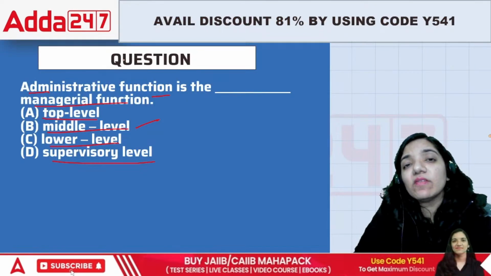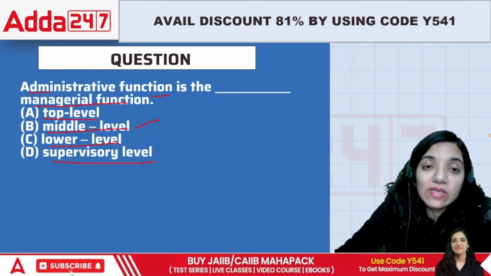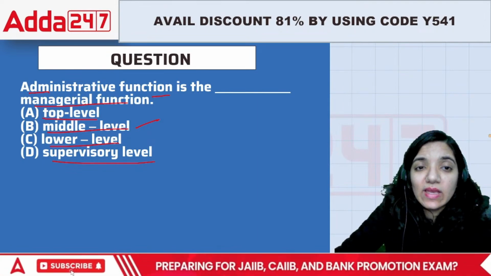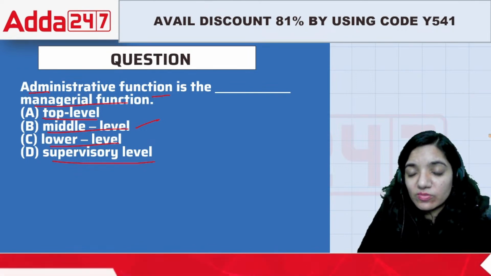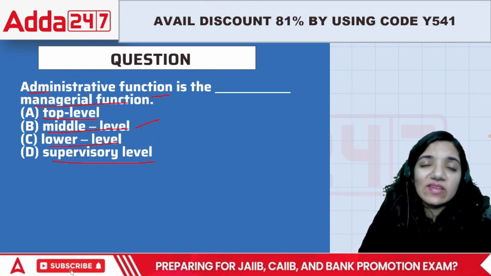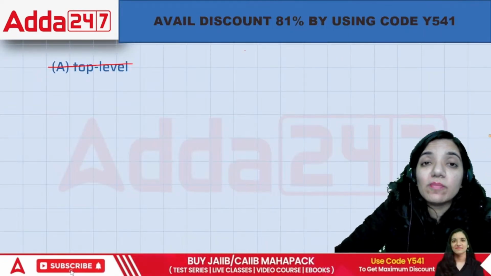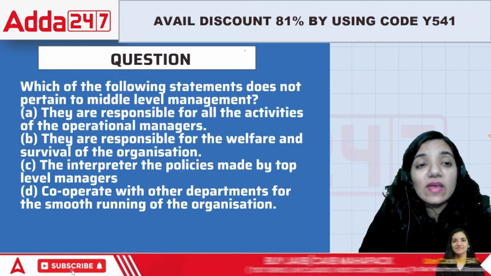How do we look forward to it, what exactly should be done to work, all of it is always covered by the middle level. They take the decisions on what is to be done and how it is to be done. So these things are related to the administrative function, but only and only to the middle level, not anything else.